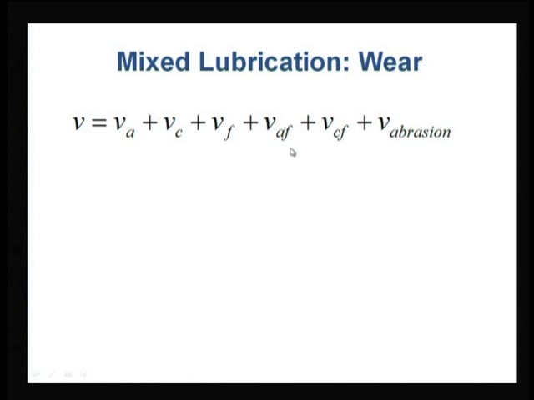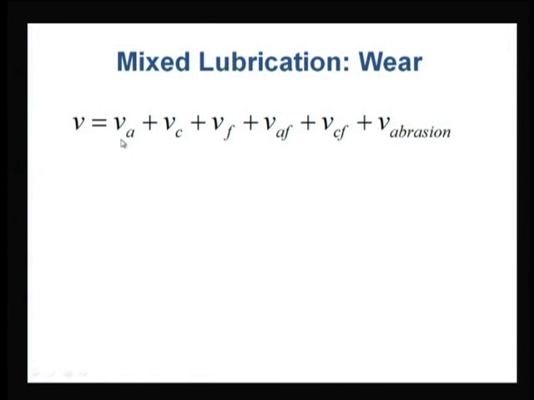Adhesion and fatigue interact together. Corrosion and fatigue: whenever there is a corrosive environment, the fatigue effect will be enormous. And finally comes abrasion, where particles detached or coming from the environment cause wear of the surface, losing wear material, which can be added to this.